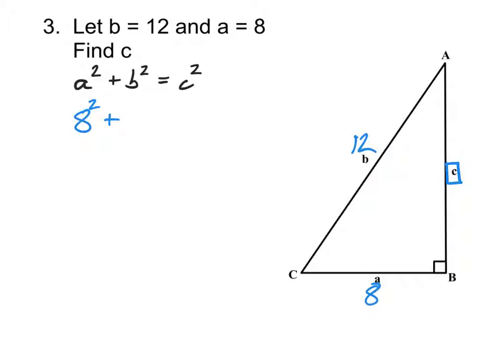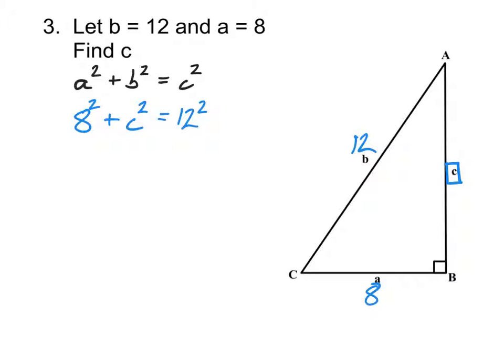I don't know what that is. That's my c. So notice this is now being called c, equals the hypotenuse squared, so equals 12 squared. It can be a little weird because we got c here and we have c here, but they mean different things. Remember, in the original formula, c is the hypotenuse. In this equation, c is the side that I happen to give the name c. No necessary connection between the two.